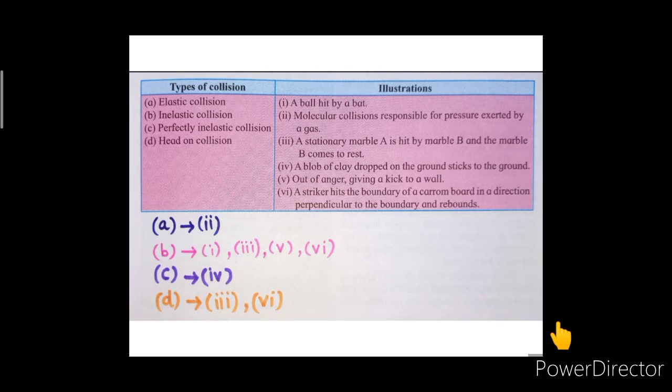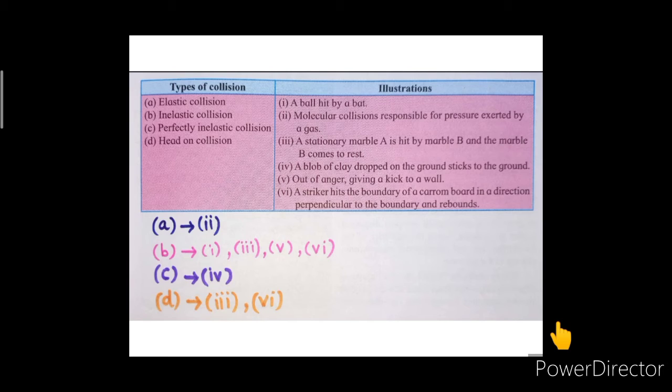And when we look at the illustrations, a ball hit by a bat is a type of inelastic collision where the momentum is conserved but the kinetic energy before and after the collision is different. Then the third example, a stationary marble A is hit by a marble B and after the collision the marble B comes to rest. Hence we can say that the kinetic energy before and after the collision is not the same. That is why it is an example of inelastic collision.